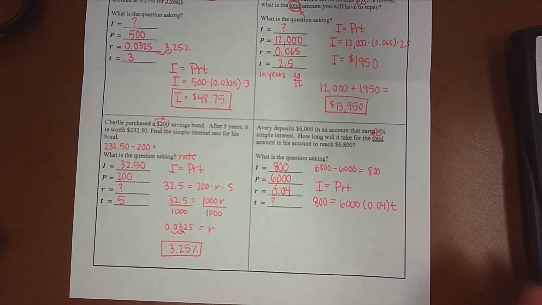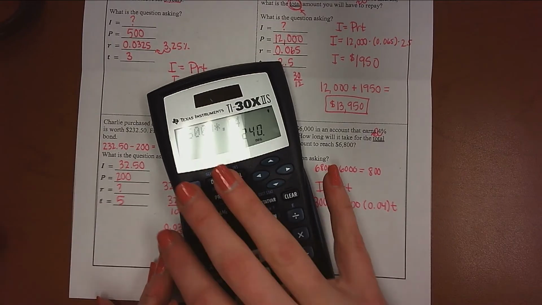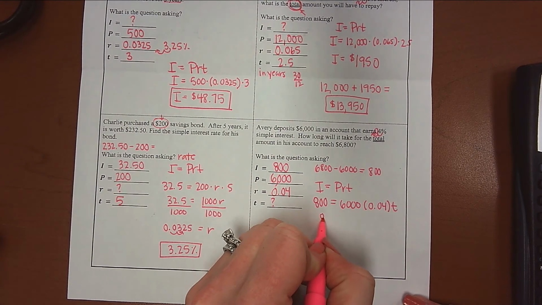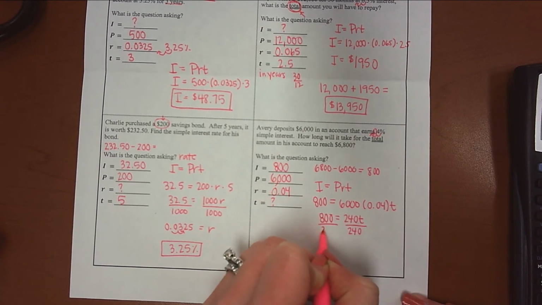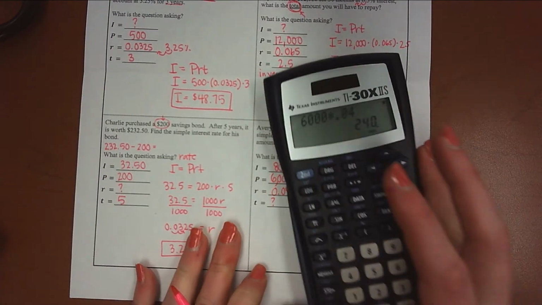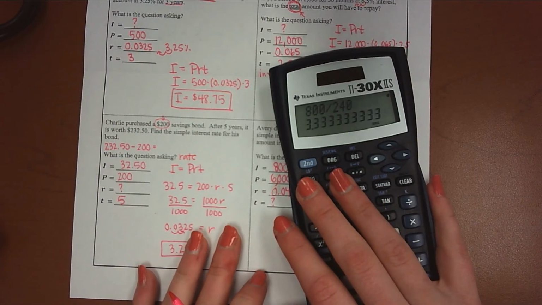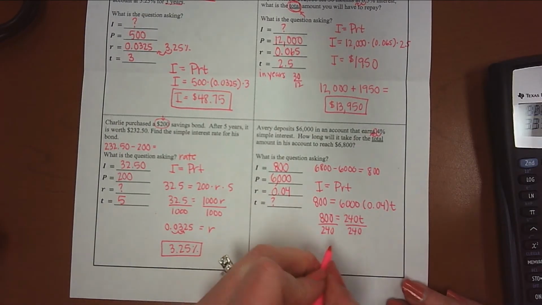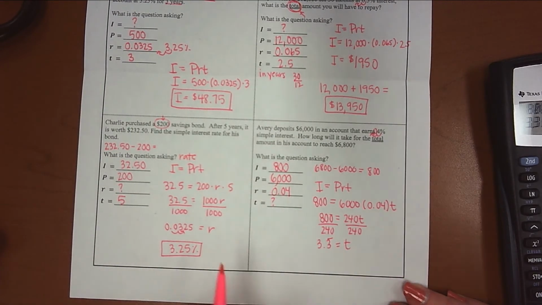I can multiply 6,000 times 0.04 and get 240. So 800 equals 240T. The inverse of multiplying is dividing, so I do that to both sides. 800 divided by 240, and when I do that, I'm getting 3.3 repeating equals my time.